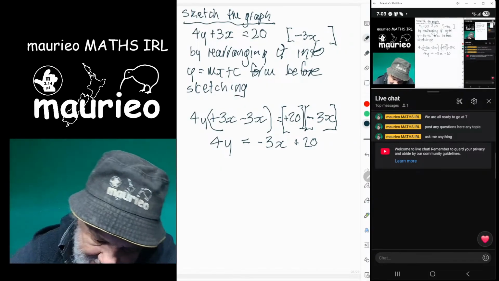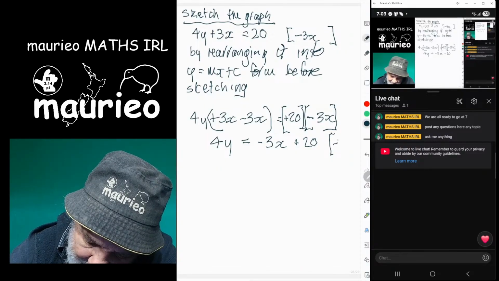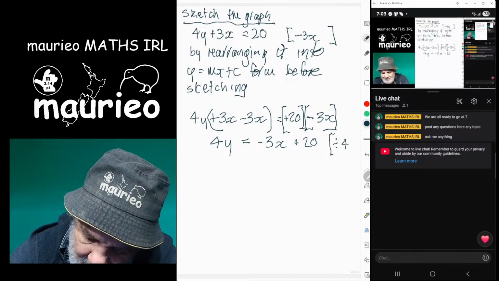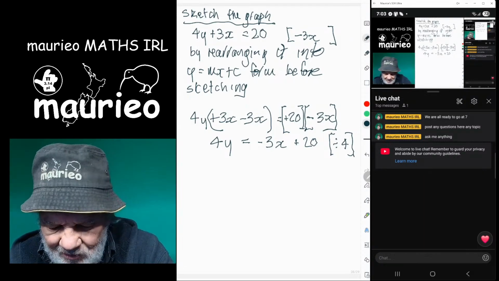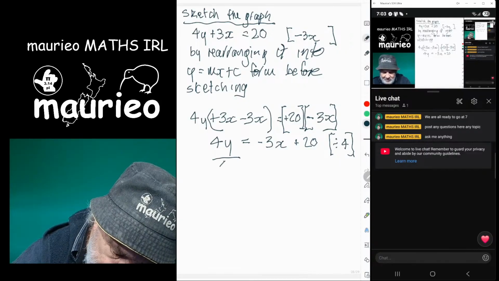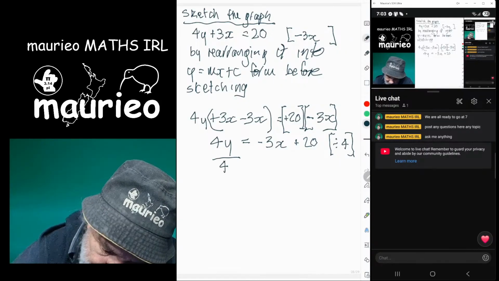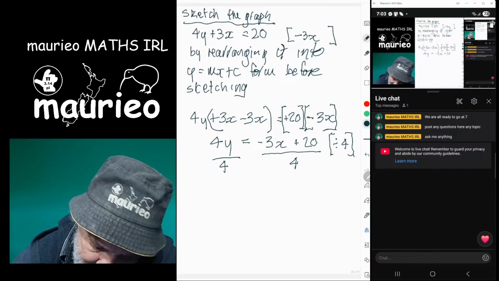So now we're going to divide both sides by 4. I used to write both sides, but I'm just going to write divide by 4. So we'll put that in there, 4, and this is all over 4.